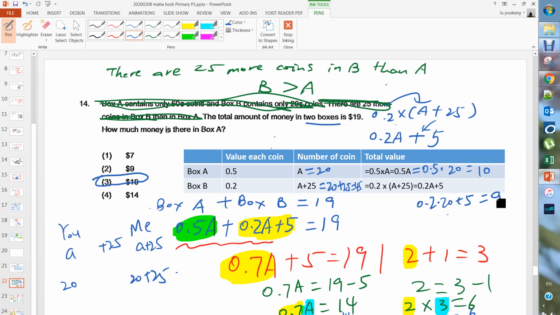I already gave you the value of A. So what's the total value of box B? Touch. Then what's the value? 9. What's the value in A? 10. What's the total number of coins in B? Touch. 45. Very good.